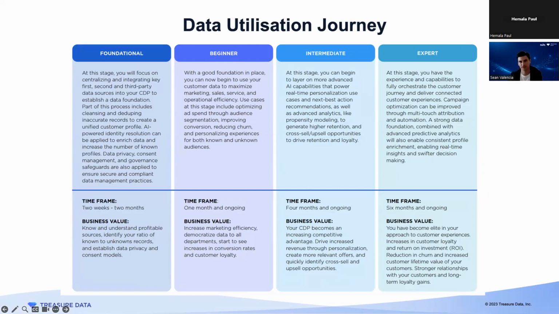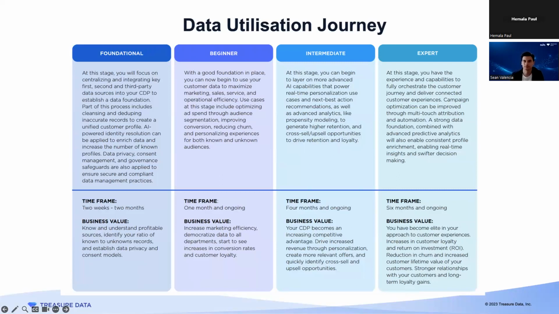Once we get more comfortable with that stage, we might move to the intermediate stage. This is the stage where more personalization is coming in, whether it be through messaging, personalization of the website, or personalized cross-sell or upsell recommendations and more.